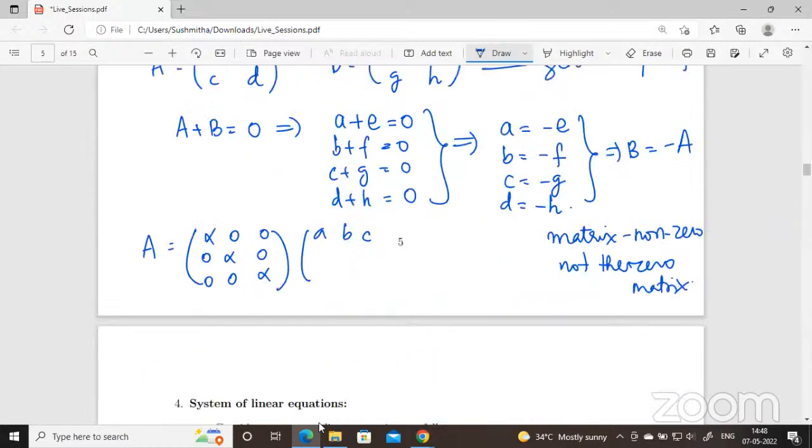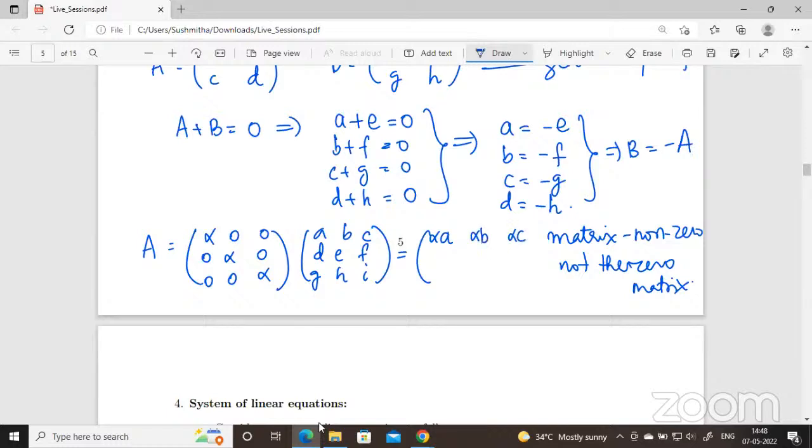Okay, ma'am, can you please prove it? Which one? Last option. This last option. Yeah, I'm doing that. A, B, C, D, E, F, G, H, I. So when I multiply this, what do I get? Alpha A. First entry is alpha A, 0, 0.